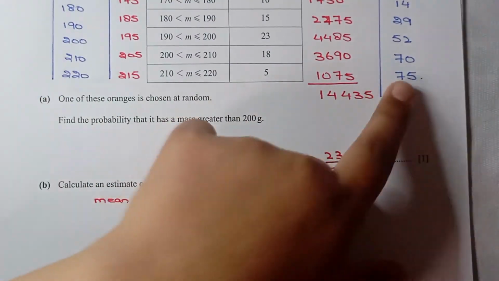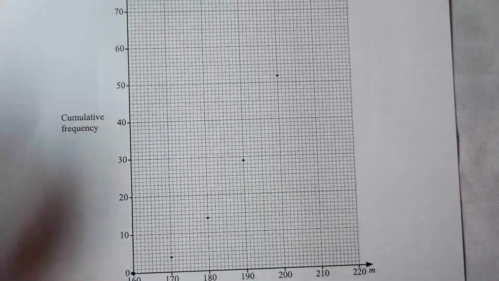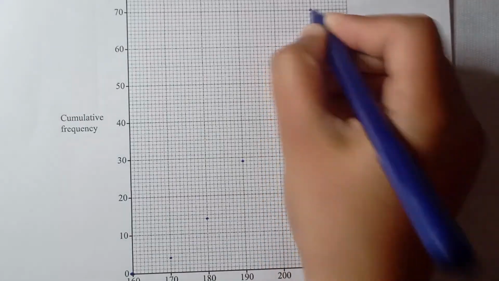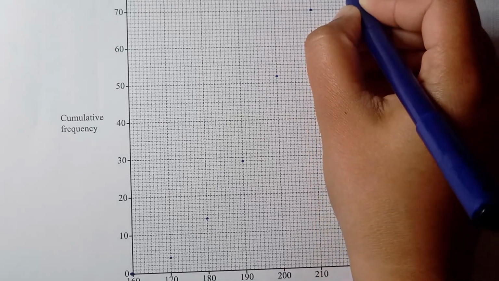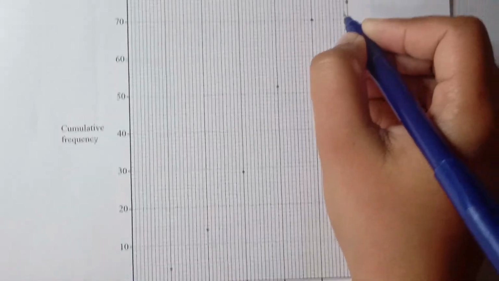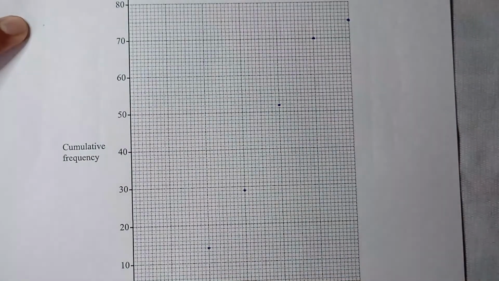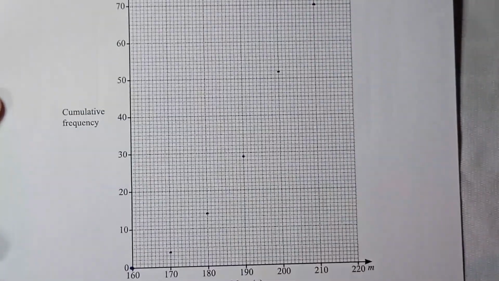For 210 it is 70 and 220 would be 75. Okay, so 210 we have 70, and for 220 it would be 75 over here. This point is 75. Now let me connect all the points to get a smooth curve, that is a cumulative frequency curve.